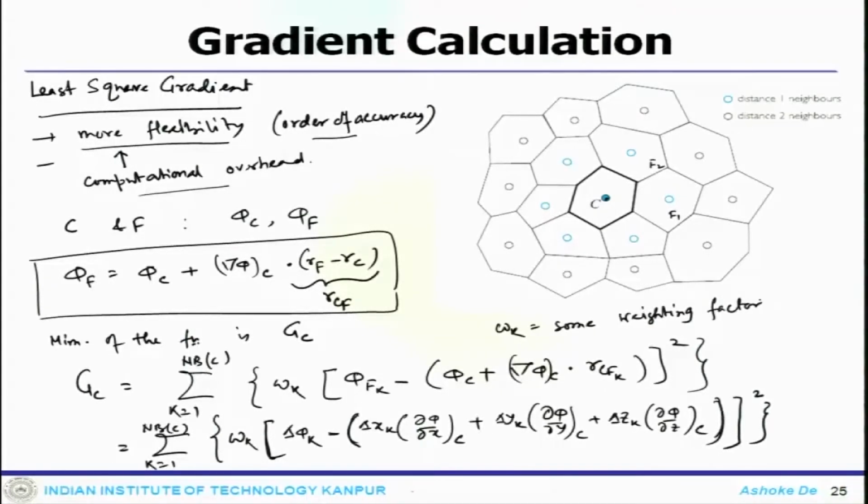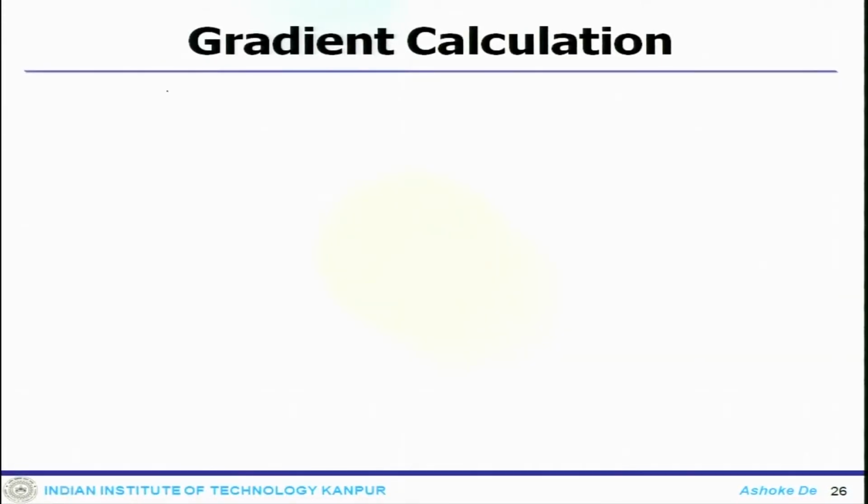Using that you get this term. The other terms involved: delta phi k is phi Fk minus phi C, delta xk is RCFk dot i, delta yk is RCFk dot j, and delta zk is RCFk dot k, so i, j, k.